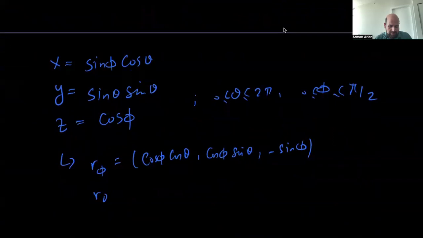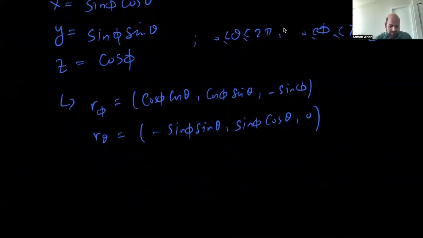Similarly, you can calculate r theta: minus sine phi sine theta, then sine phi cos theta, and the derivative of cos phi with respect to theta is 0. So this becomes 0.